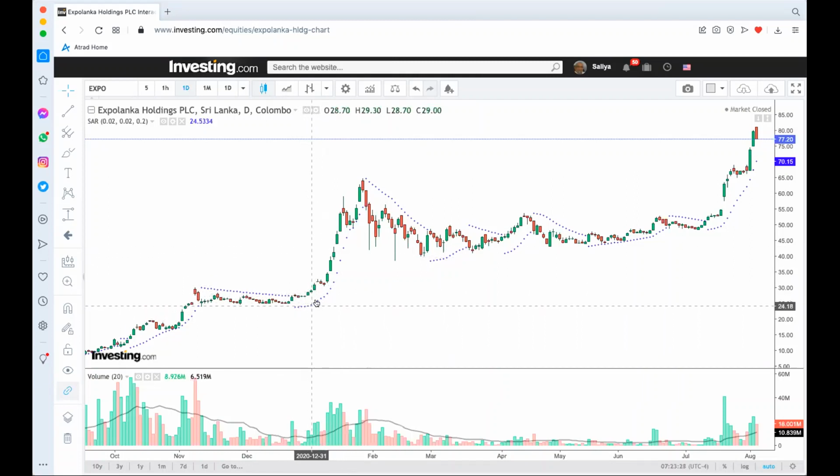The parabolic dots are also moving upwards to the point where there is going to be a reversal and the prices come and touch the available dot. When that happens, it turns the other way around.